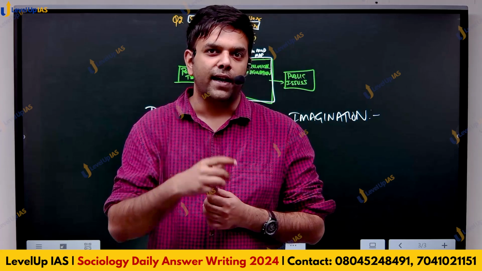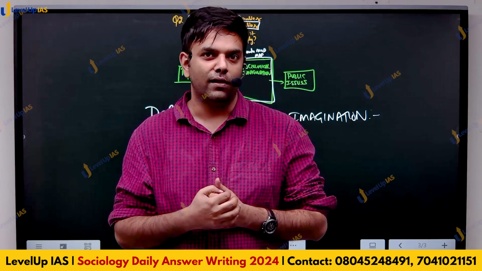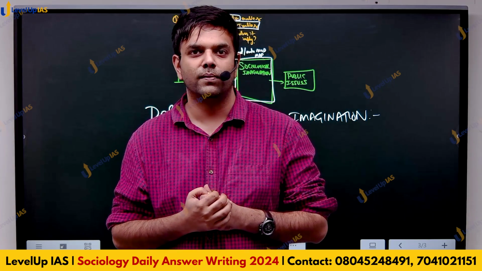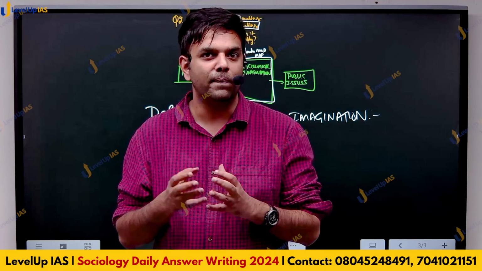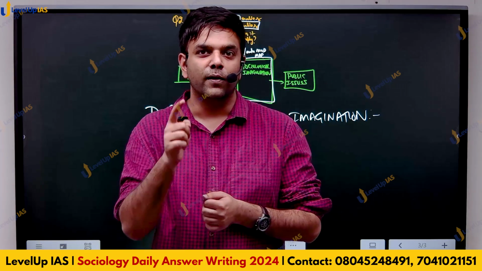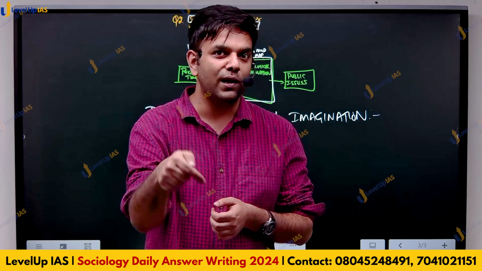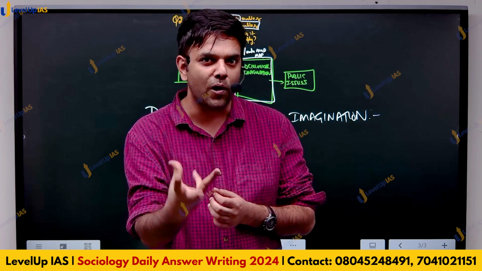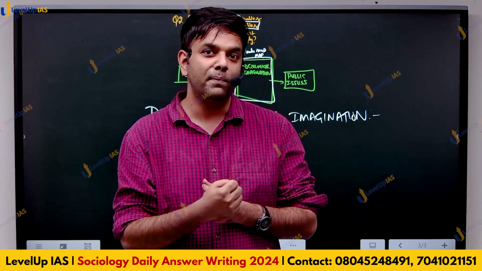you need to understand the broader reason for the joblessness or people losing jobs. You cannot blame individuals who are losing jobs. You have to understand the broader reason for them to lose jobs.